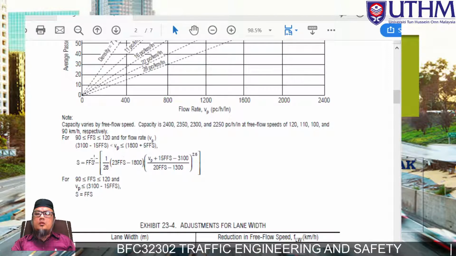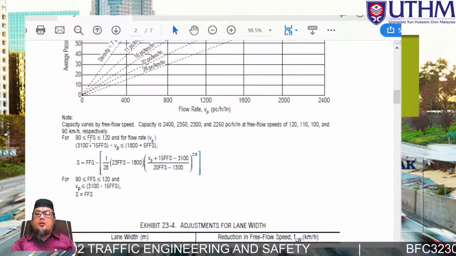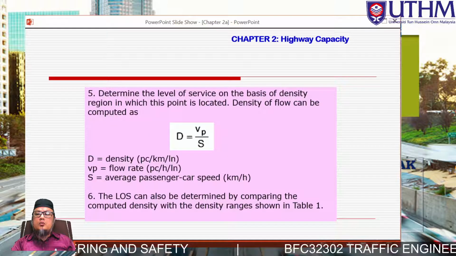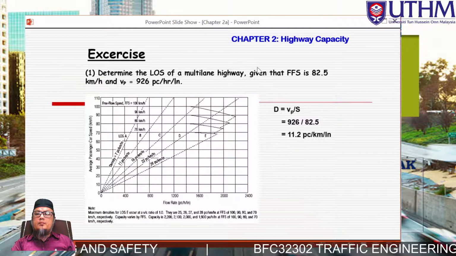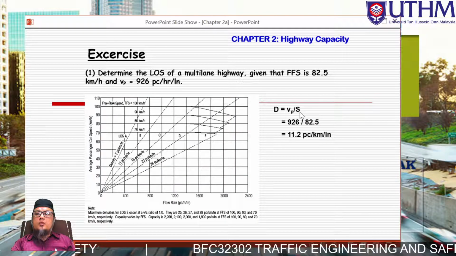If not, if the value of VP is higher than this value, we use this particular correction. But in our example here, we consider S equal to FFS.